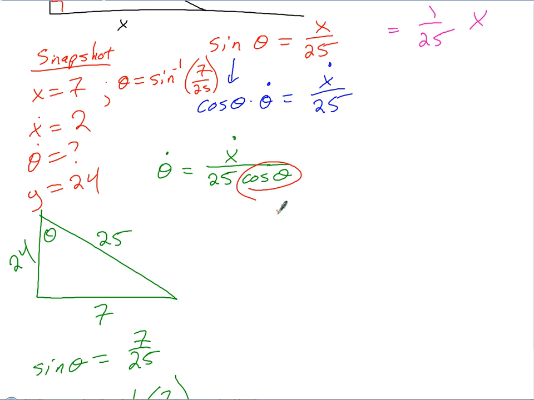So x dot is 2, and we get 25 times cosine theta, which is 24/25. Well, what's 25 times 24/25? So I get 2/24. Right, because cosine of theta is adjacent over hypotenuse.